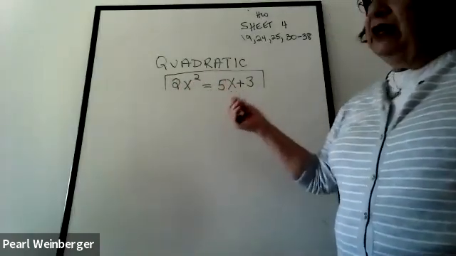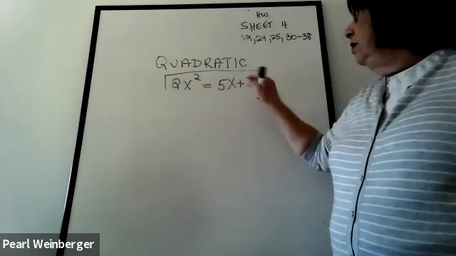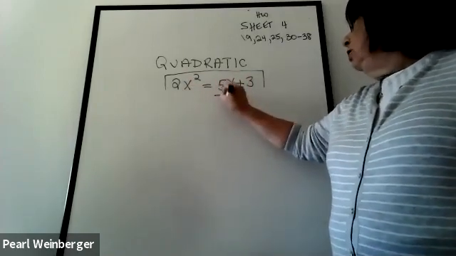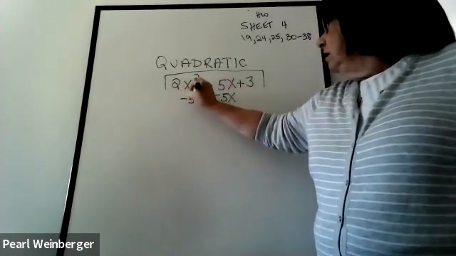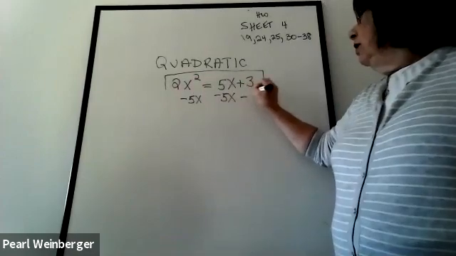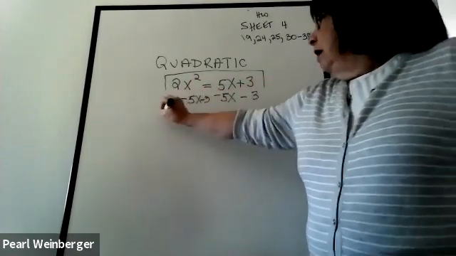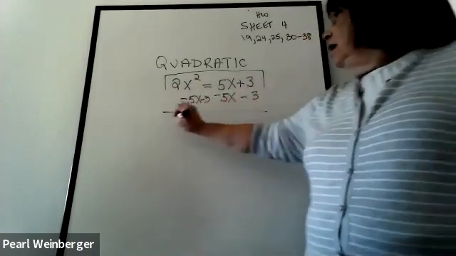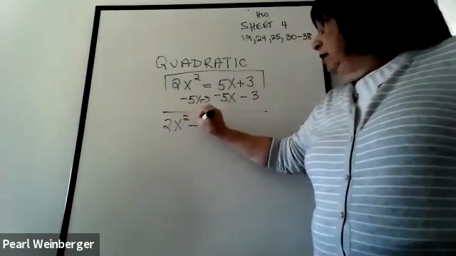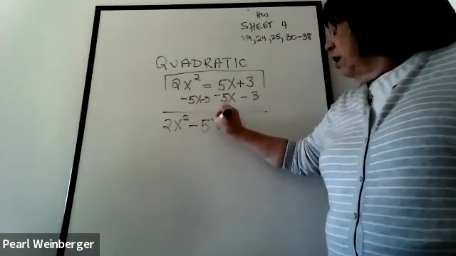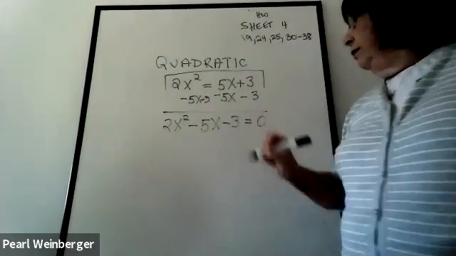Which means if I want to get this thing equal to 0, I have to get the 5x to the other side and the 3. So I'm going to subtract 5x from both sides, and I'm going to subtract 3 from both sides, which will give me 2x squared minus 5x minus 3 equal to 0.